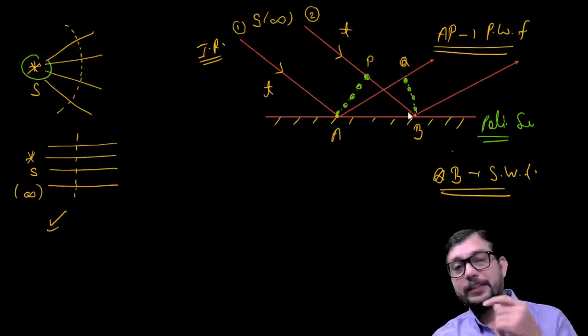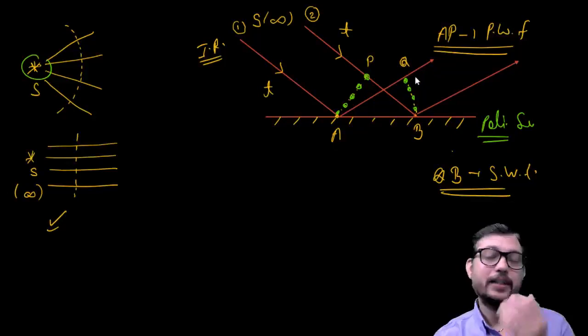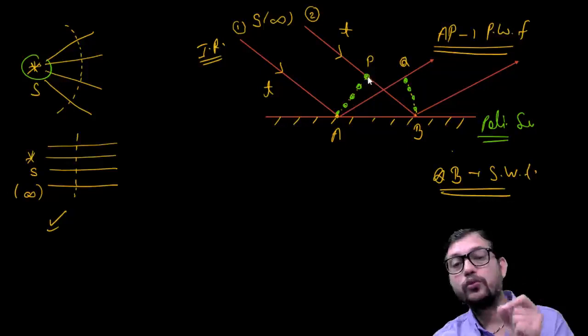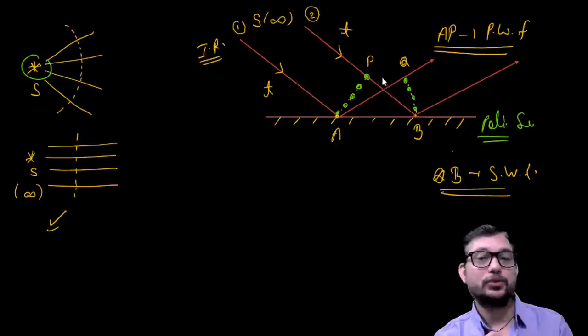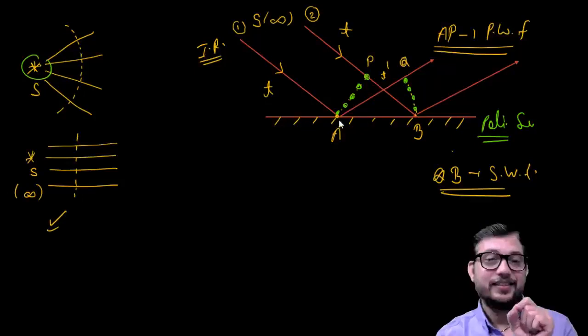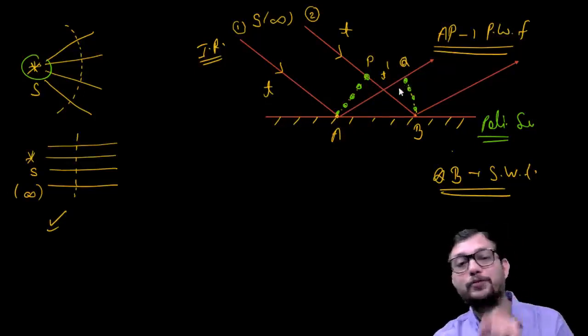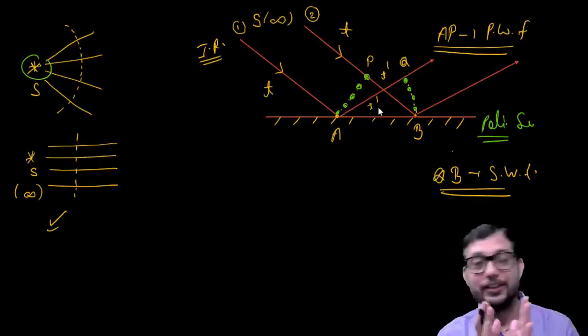Now if we see point Q and B, whatever time ray 2 takes to move from point P to B, let's suppose the time is t dash, the same time is taken by wave 1 to reach from point A to Q. So this time is also t dash. This is the unique feature.